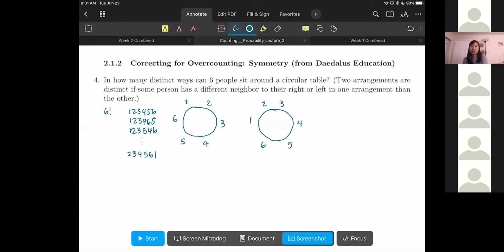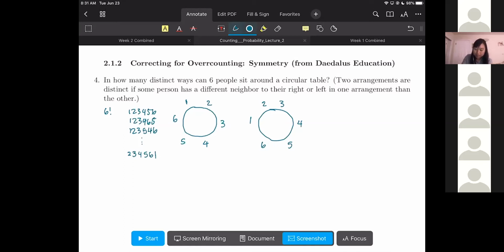Person 1 has person 2 on their left and person 6 on their right. For number 2, their left is person 3, their right has person 1, etc. So basically, you get the second one just by rotating the first one. And so in this case, we're actually overcounting.